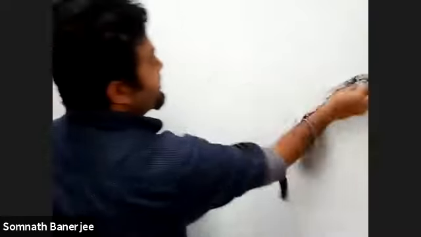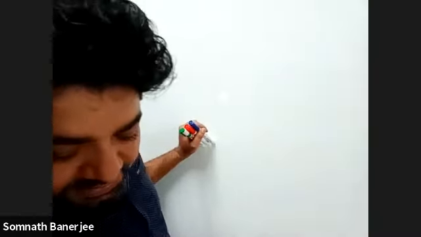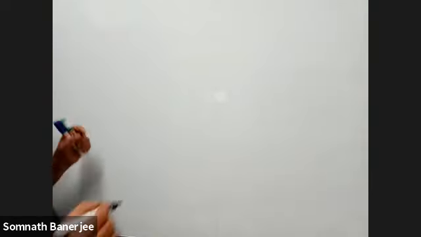So one more question. The question is like this: the maximum and minimum values of the resultant of two forces acting at a point are 7 Newton and 3 Newton.